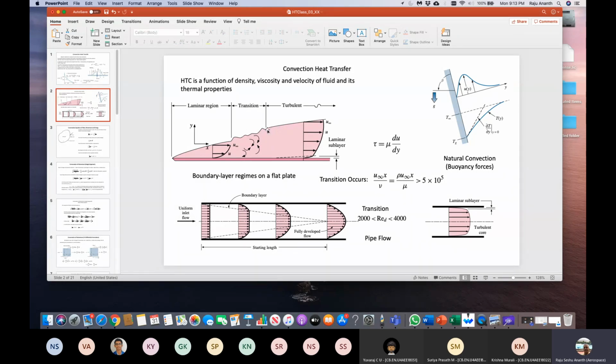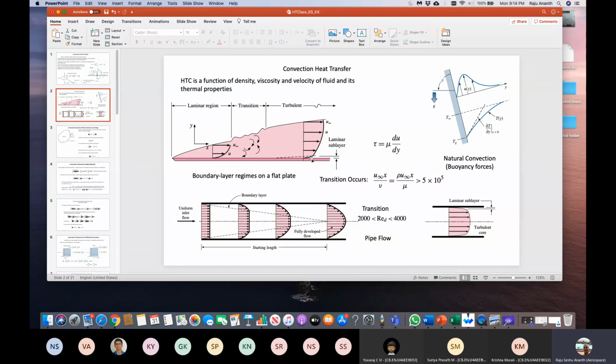The boundary layer again builds up after that, further at a smaller rate. But if I plot the velocity boundary layer, there's one layer here called the laminar sublayer. That's a very, very small thickness, and there the slope is different.